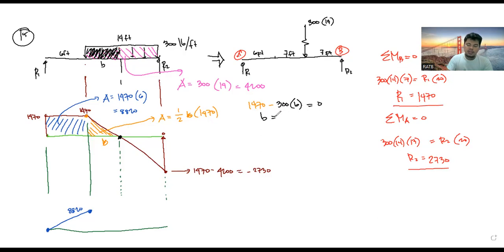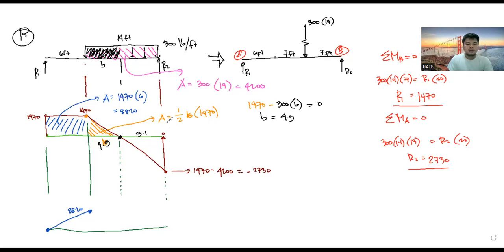B then can be calculated as, divided by 300. So that's 4.9. If this is 4.9, this is also equivalent to 9.1, and this would be 4.9.